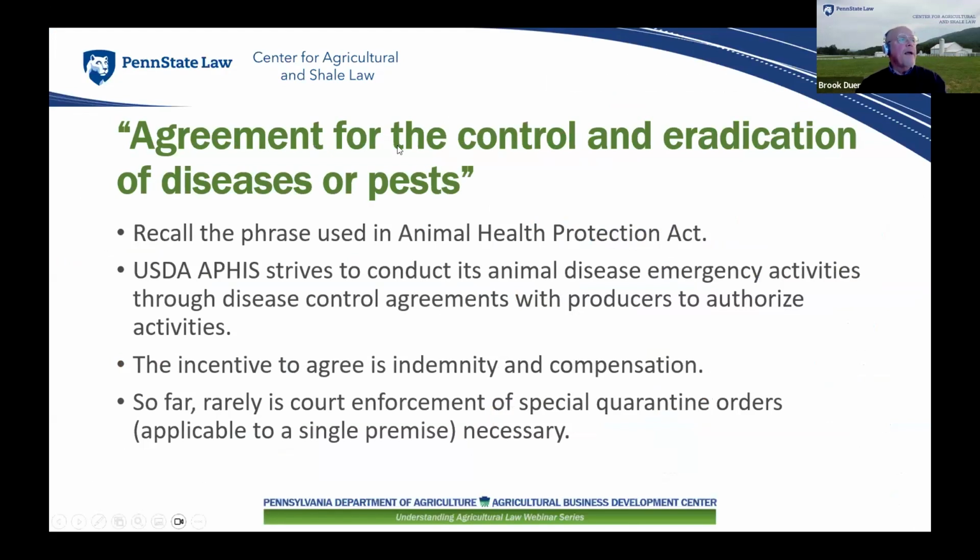This is the key to everything, because USDA-APHIS is moving so fast when an animal disease outbreak needs to be dealt with that the key way they get cooperation is by the promise of indemnity and compensation. So it's the power of the purse that gets the cooperation.